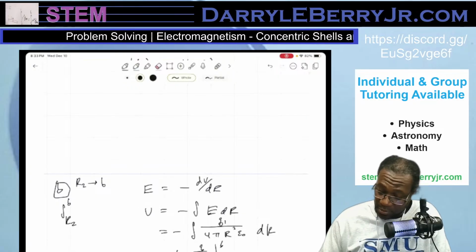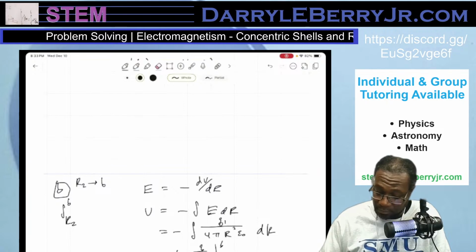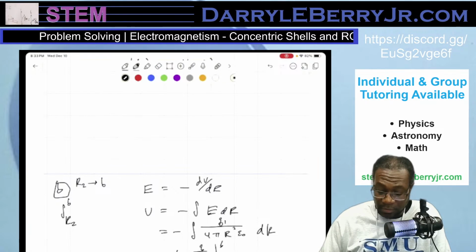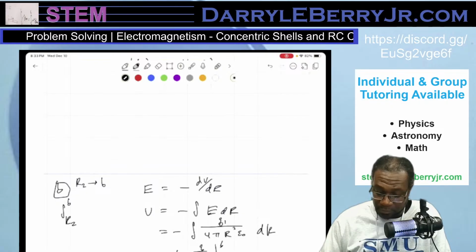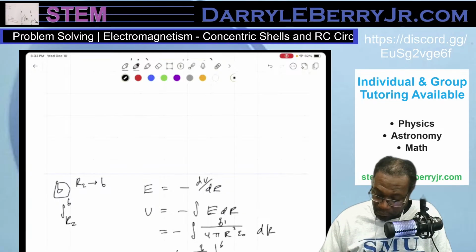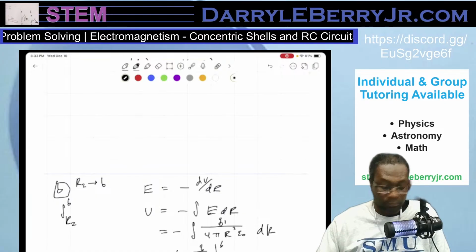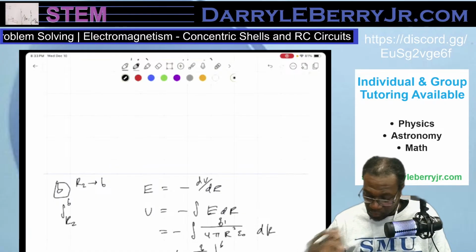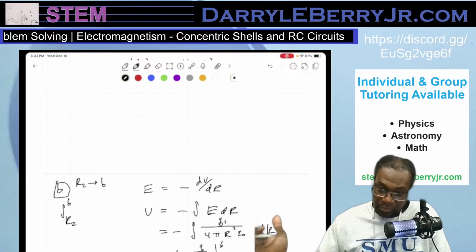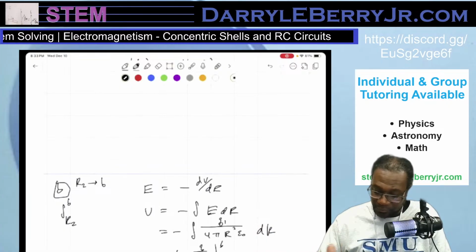So then we have, this is V, and this is going to be V of B minus V of R2. So the endpoint is always last. We're going from R2 to B, outward to B. So B is going to subtract that, right?